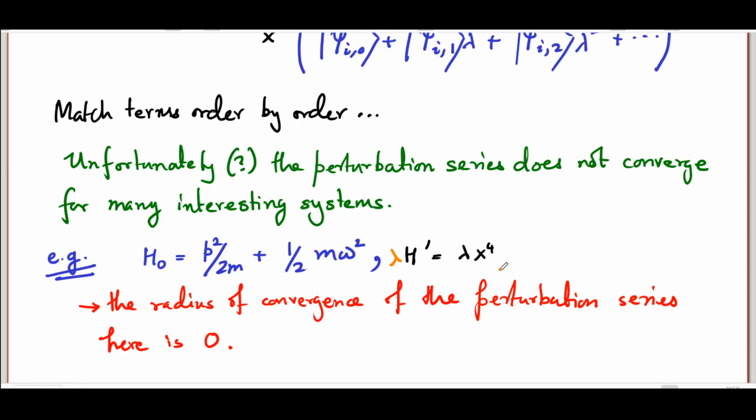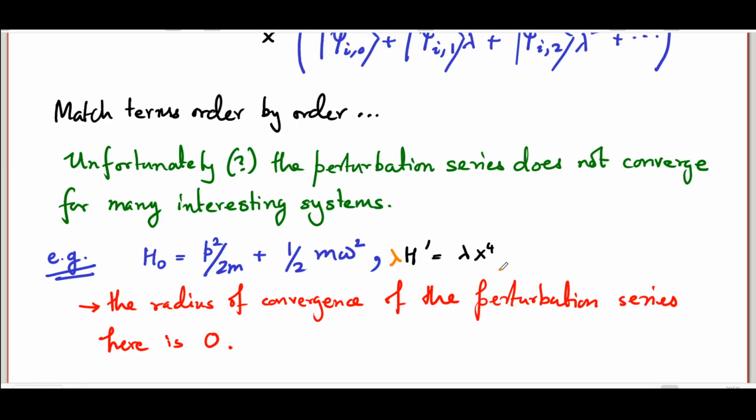If I carry out the calculation for perturbation theory for this particular interaction, we are going to get a series of terms. But unfortunately, the radius of convergence of the perturbation series here is strictly 0. So this series is going to diverge for any non-zero value of lambda.